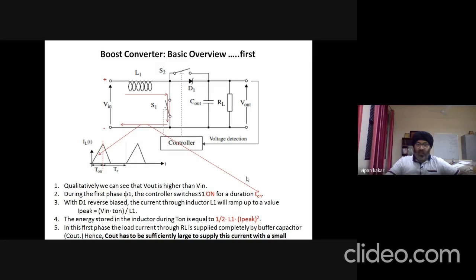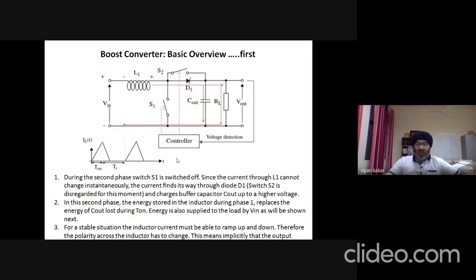So now for phase 2. In phase 2, the switch turns off again or gets opened. And as we know, when this switch turns off, the inductor, after storing its energy, reverses its polarity as per the characteristics of an inductor. When it reverses its polarity, these two potentials are now added together.